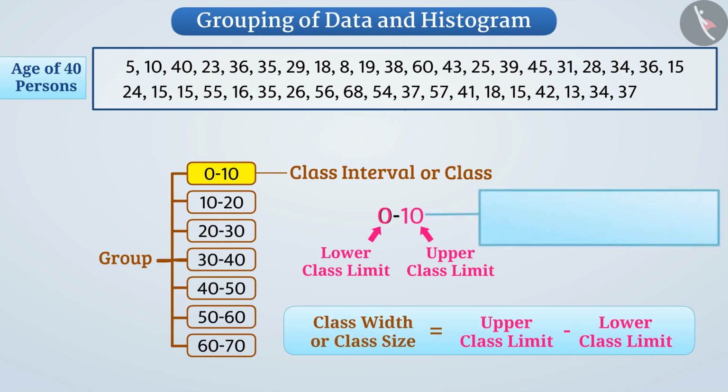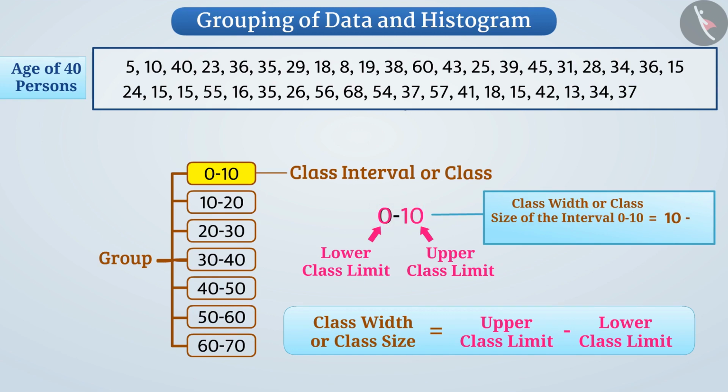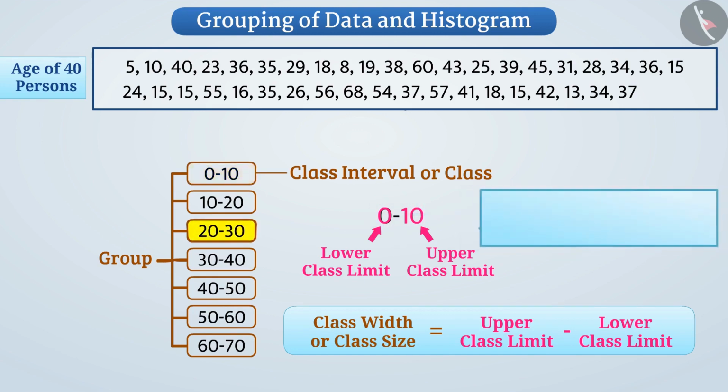For example, the class width or the class size of the interval 0 to 10 is 10 minus 0 is equal to 10. Similarly, the class width of the class interval 20 to 30 will be 30 minus 20 is equal to 10.